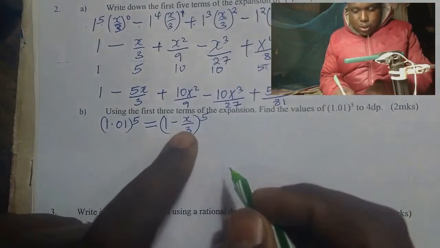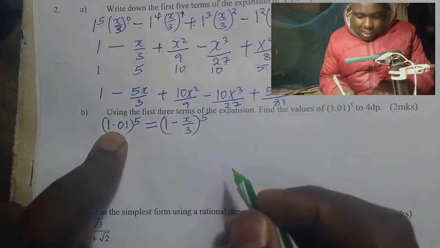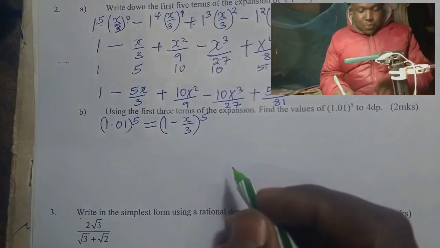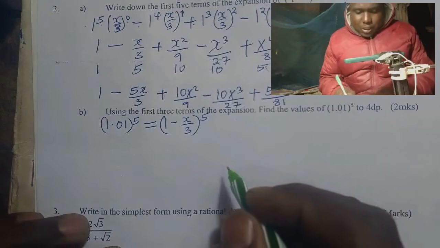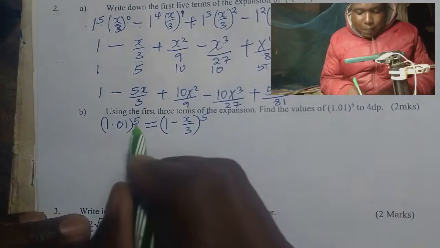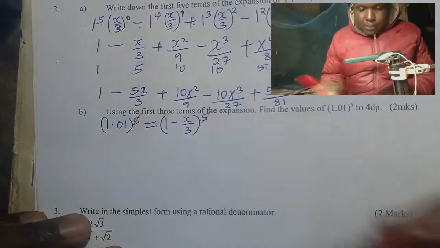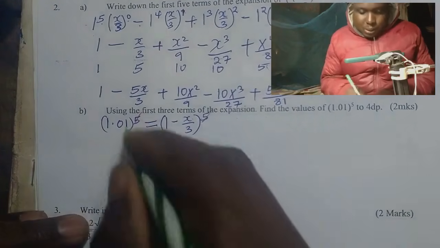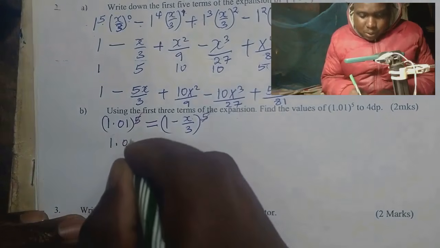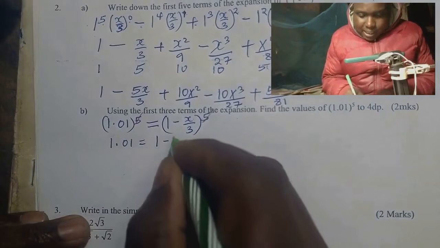Because we are going to use this expansion to solve this, they are related. The simple way to do this, we want the value of x, the powers are both 5, so cancel them out. So we remain with 1.01 is equal to 1 minus x over 3.